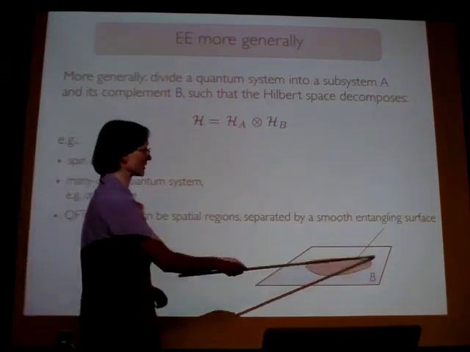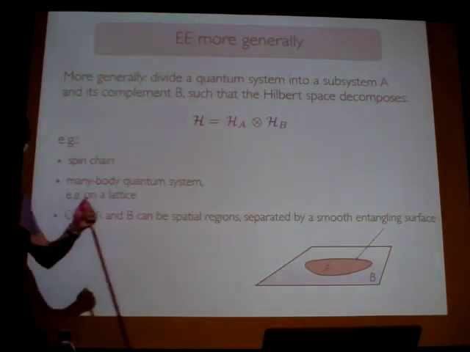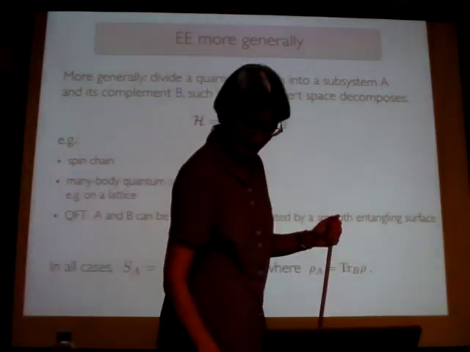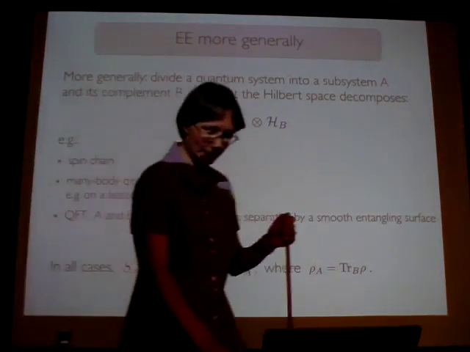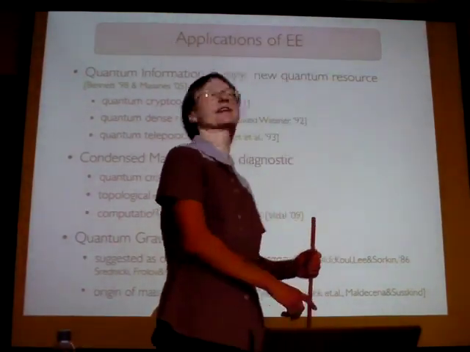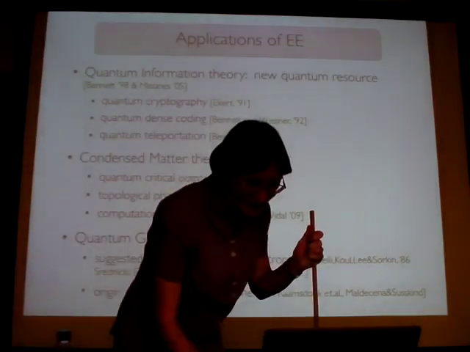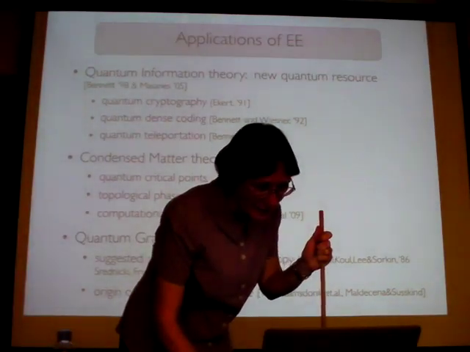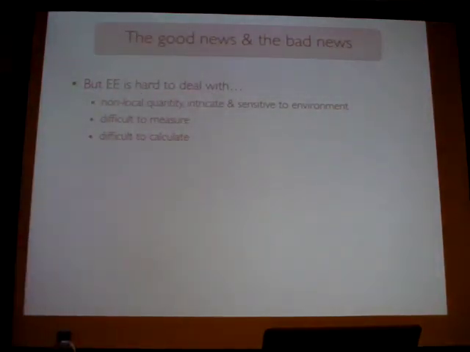So you choose some region bounded by what I'll call the entangling surface, and for all of these systems, the entanglement entropy is this von Neumann entropy of the reduced density matrix. Now, this has lots of applications. Again, in the interest of time, let me just keep going and speed up a bit. But it's a really useful quantity.